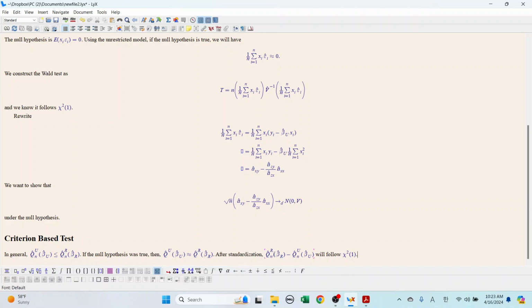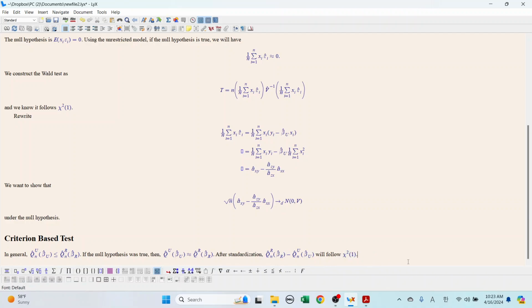I remember I put the restricted criterion function first, and then subtract the unrestricted criterion function, because we know this is larger, so we make it always positive. Chi-square is always positive, so I put it this way.